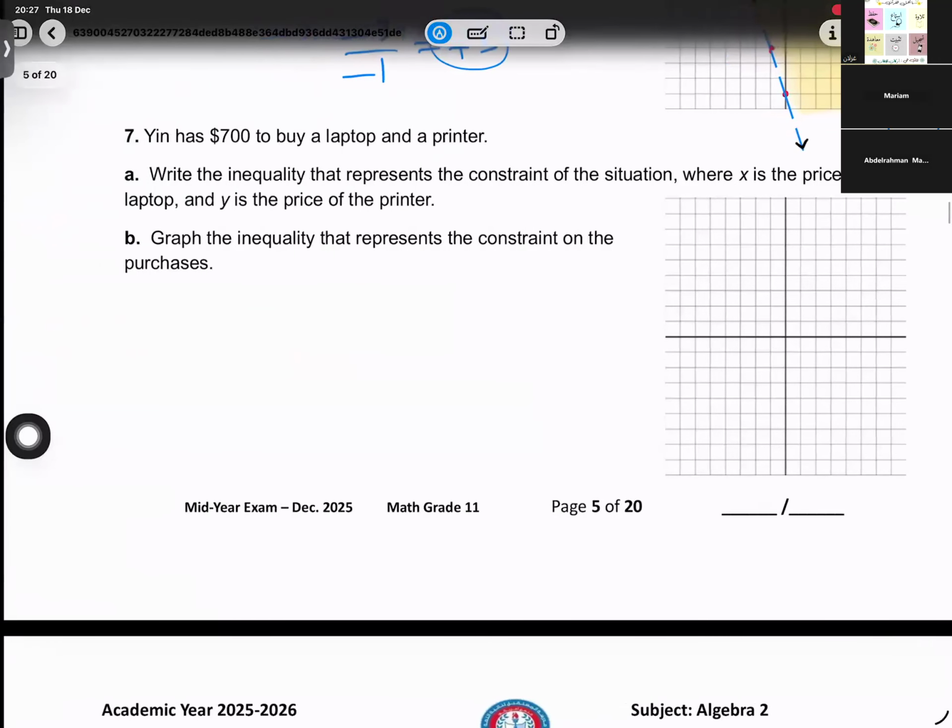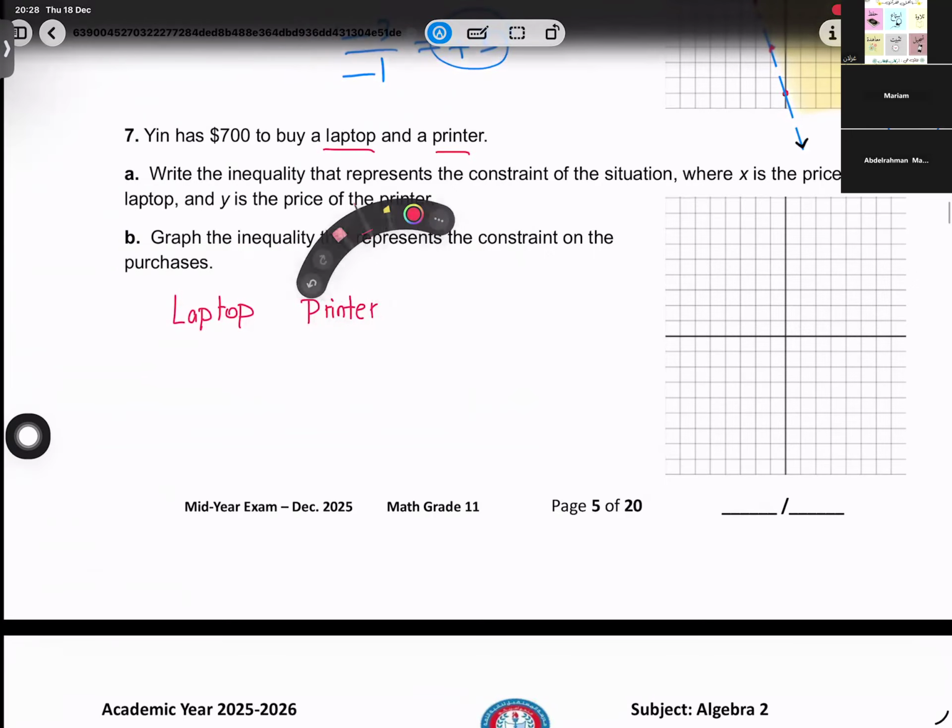Inequality means less than or more than, right? Excellent. Take your time. x is the price of the laptop and y is the price of the printer.